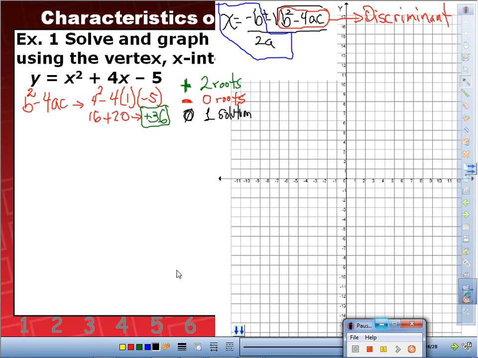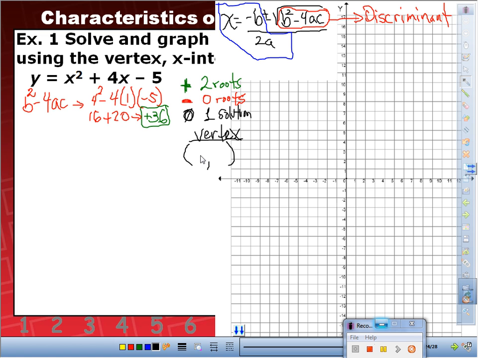However, this next piece is important. Step 3 says use the quadratic formula to find the x value of the vertex. So check this out. I'm going to write vertex over here. The vertex is either the highest or the lowest point, which means it's a point, which means that we need an x value and a y value. Are we there? So to find the x value, stop writing, please.